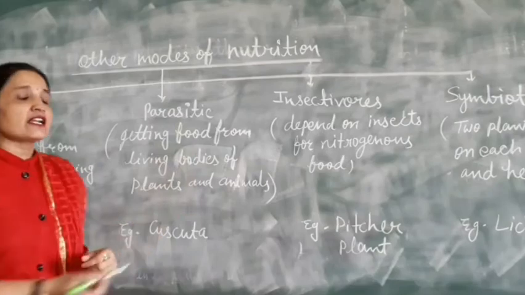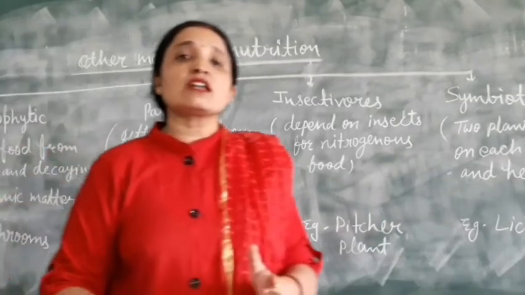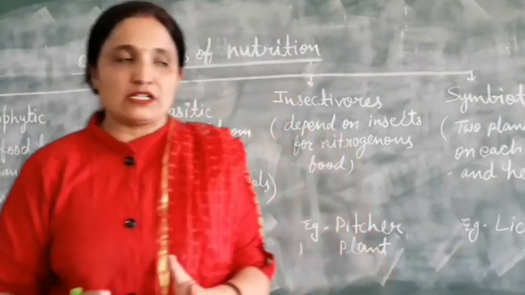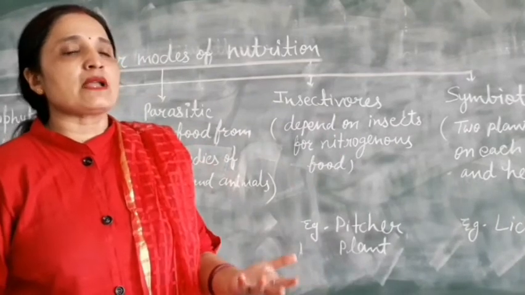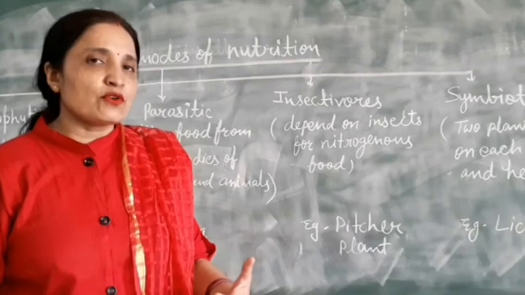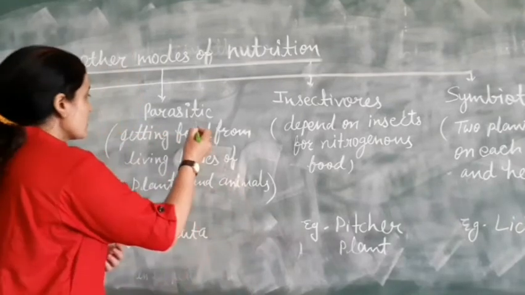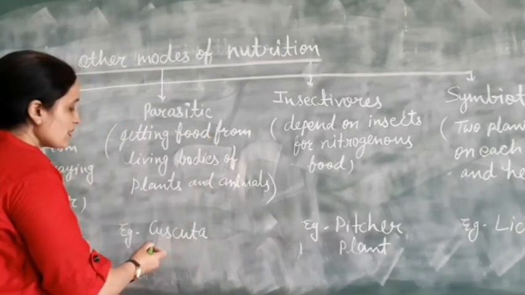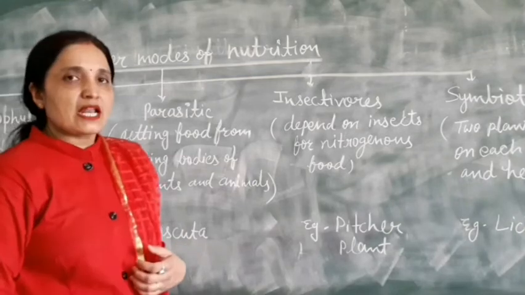Second is parasitic. Parasitic means they get food from other living plants or animals. They depend on living plants or animals. They live on their bodies and get their food from them. That is known as parasitic, and its example is Cuscuta, Amarbel.